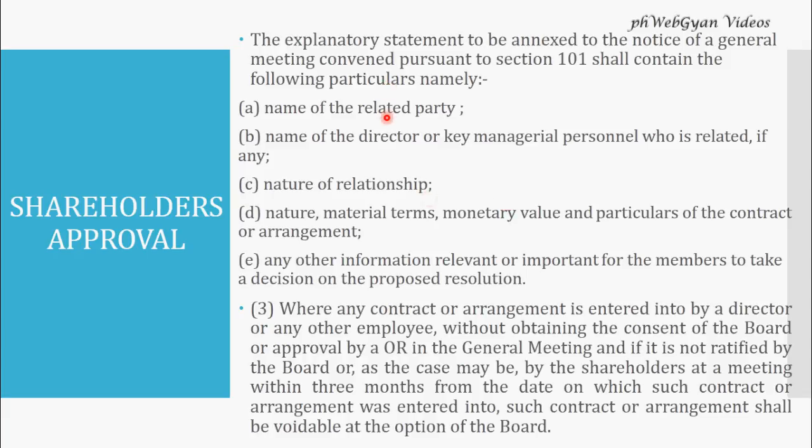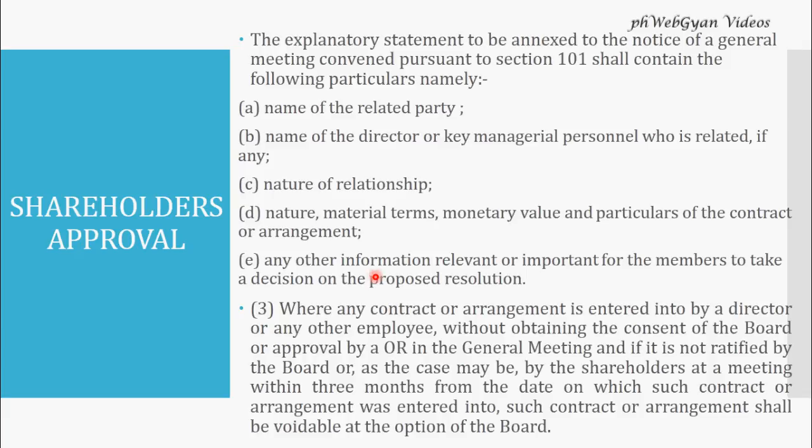So first of all, the name of the related party, then the name of the director or the KMP to whom he is related, if any, the nature of the relationship, then the nature, material terms, monetary value, and particulars of the contract or arrangement are to be disclosed, and any other information which is important for the members to make the decision. Okay, so these are the disclosures that are mandatorily required to be given in the explanatory statement to the ordinary resolution to be passed at the shareholders' meeting.